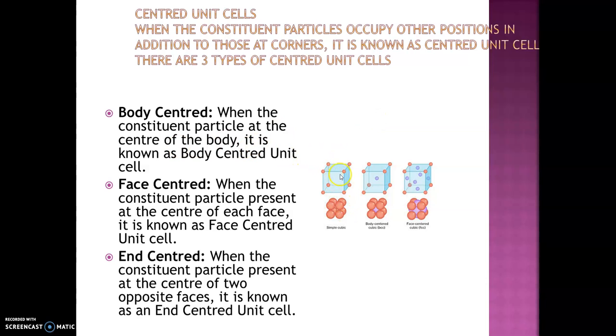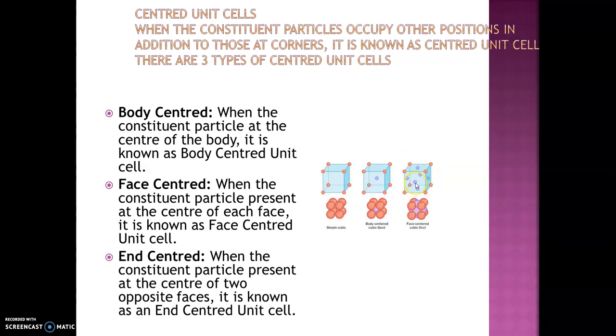Body centered: compared to the simple cubic, where we see particles only in the corners, here, in the center, in the different color, the blue color, one more particle is there, and then we call it body centered. We know if you take a cube, it has faces, edges, a center, corners, etc. How many faces does a cube have? Six faces are there. If atoms are also in the faces, then we call it face centered.